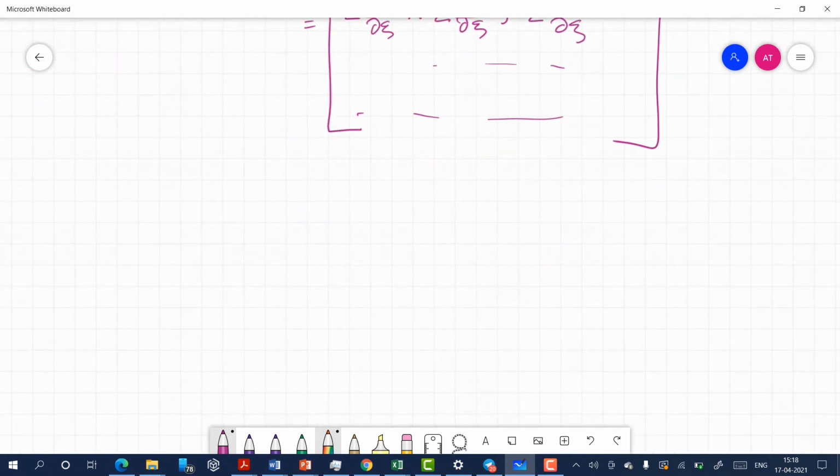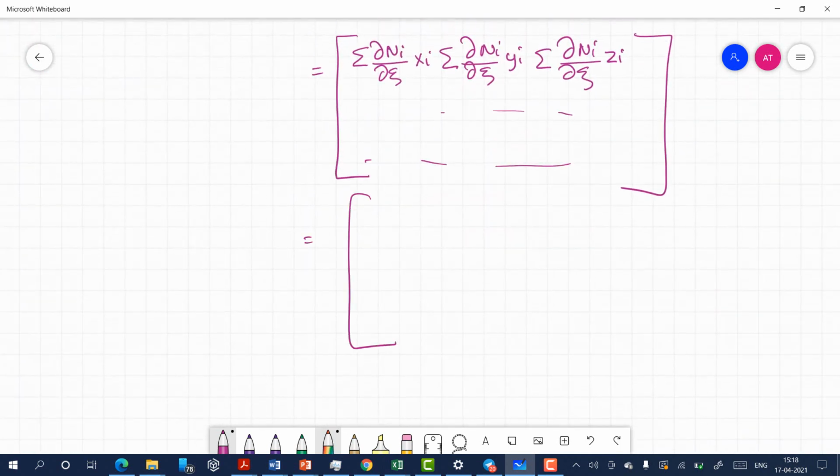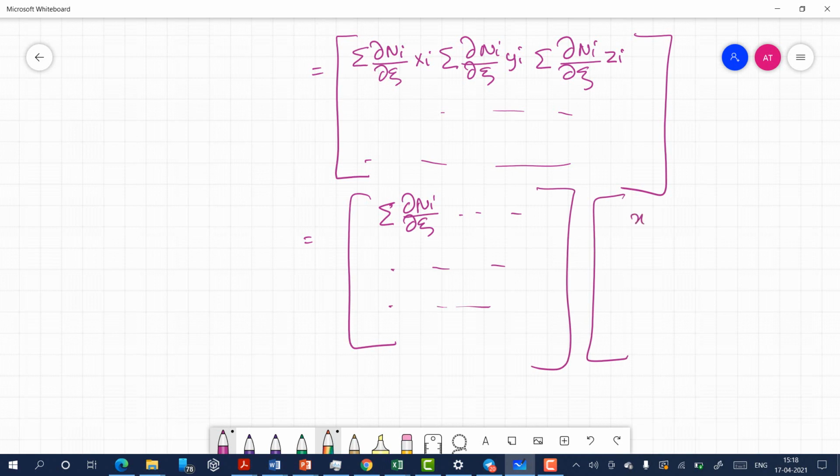And so this I can again write as summation of del n i by del zeta and terms like that into x i, y i, z i. So actually I will have as many number of nodal values I have. So if I have 4 nodes, I will have x1, y1, z1, x2, y2, z2, x3, y3, z3, and x4, y4, z4. Okay, so I will have those terms.